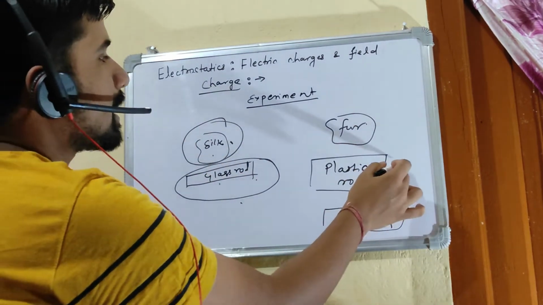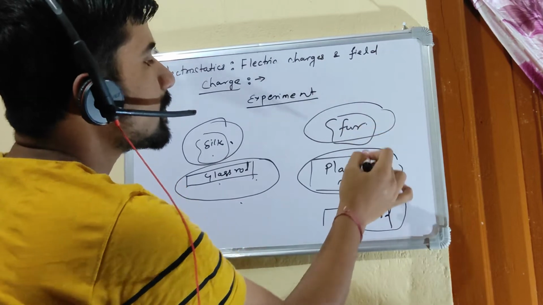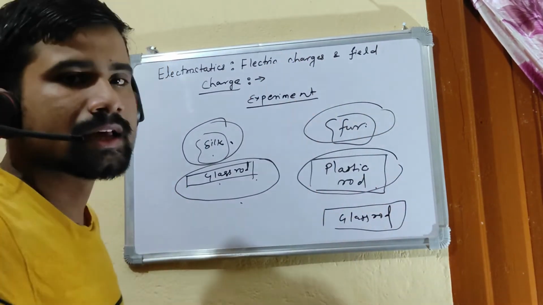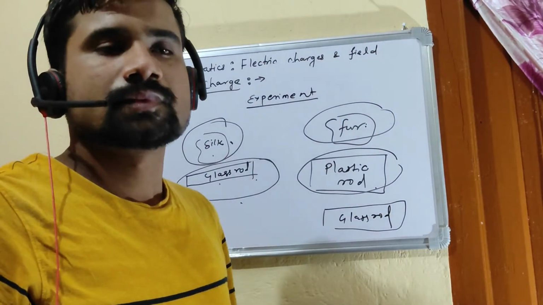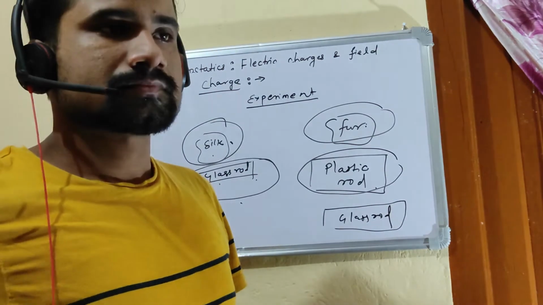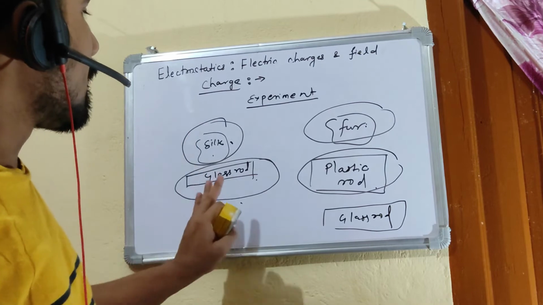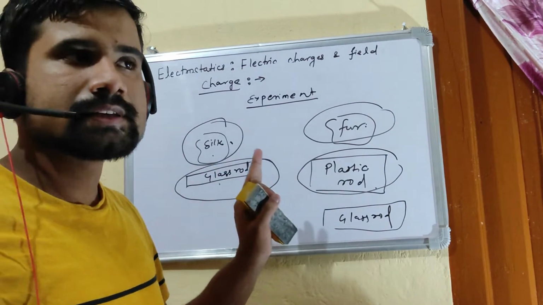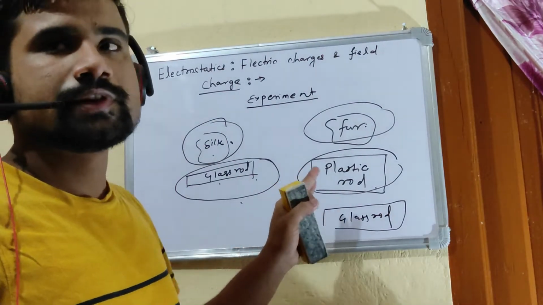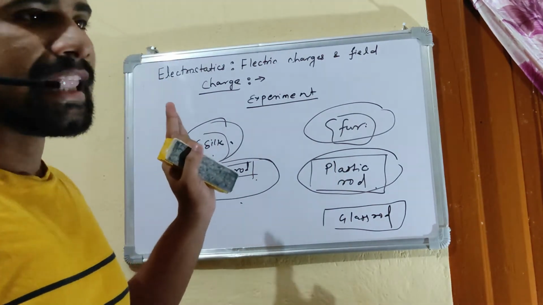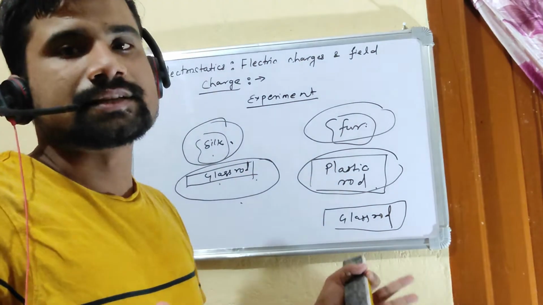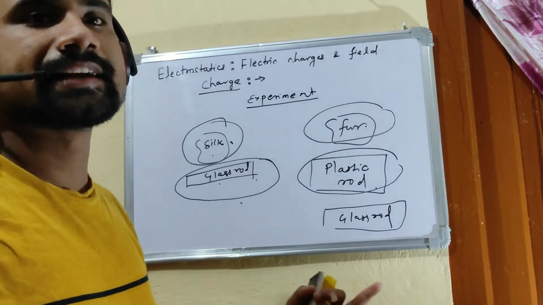Similarly, when a plastic rod is rubbed with fur, it develops one kind of charge, and fur develops another kind of charge. So after that, there is a convention which we know, that like charges repel each other and unlike charges attract each other.